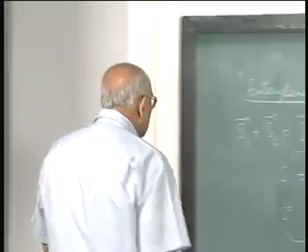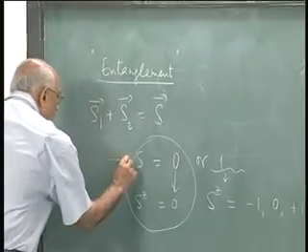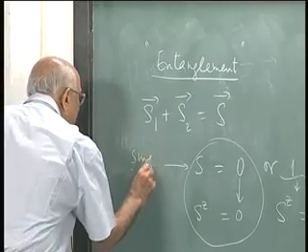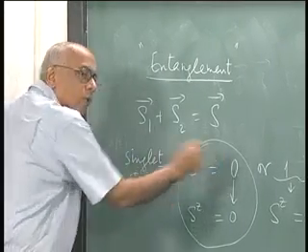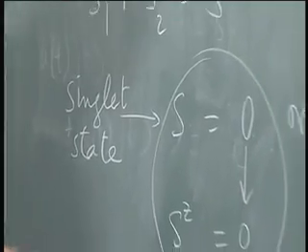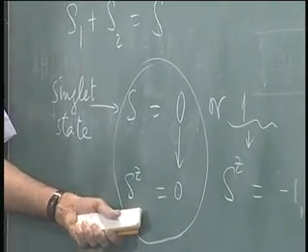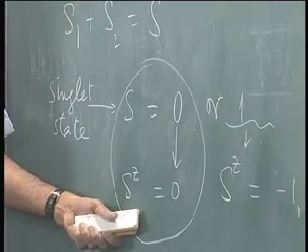You decide by what is called the symmetry property of the states. This thing here is called a singlet state. S equal to 0 is called a singlet state. The reason is there is only one state, there is only one Sz possible.